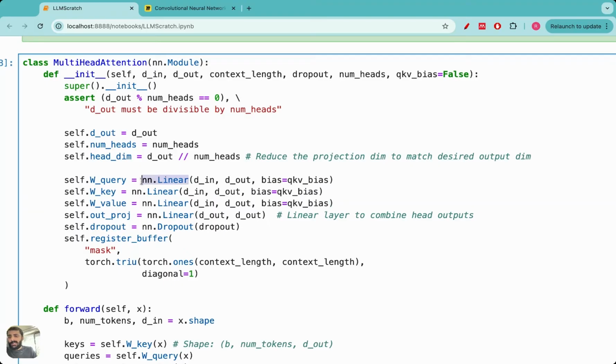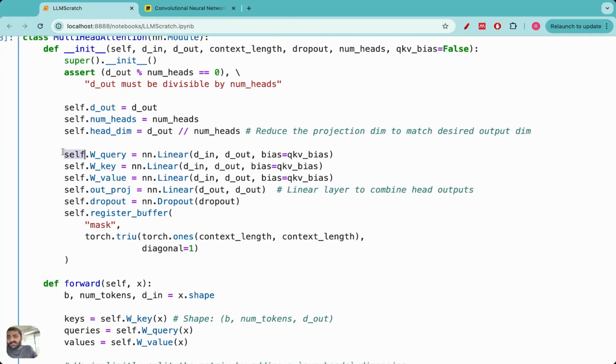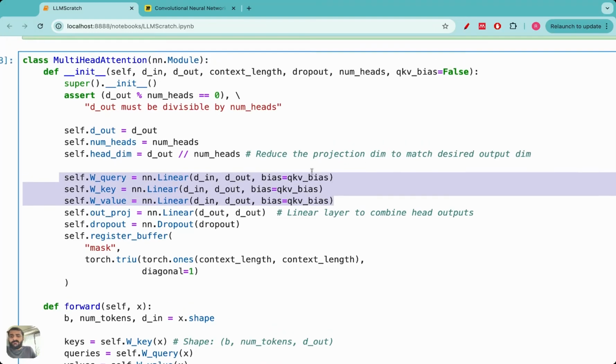Why do we use a neural network linear layer? Because it's optimized for initializing the weights, so it's much better when we do the back propagation later. So this is where the trainable weight matrices for query, key, and value are initialized in the init constructor. They are created by default when we create an instance of the multi-head attention class.